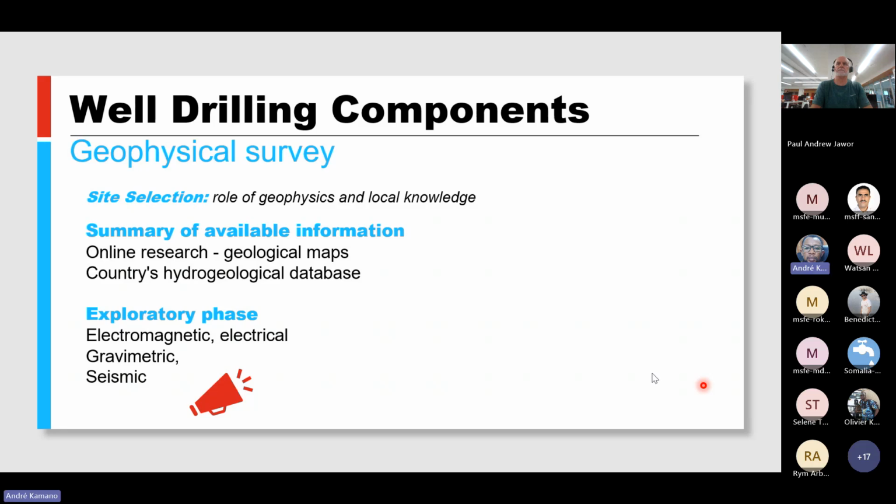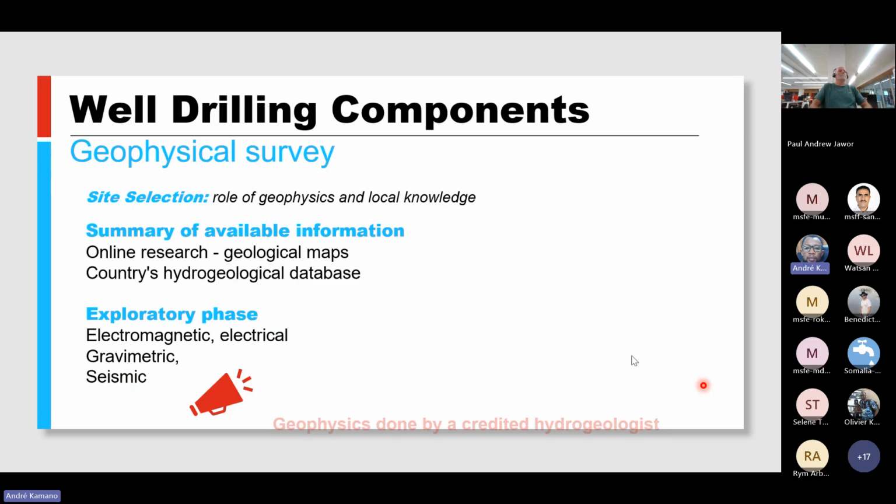It usually involves exploration methods. The methods commonly used are gravimetric, electrical, and also electromagnetic and seismic. After that, it helps us identify the best sites among those identified previously.